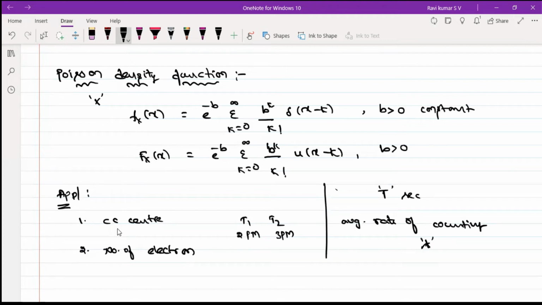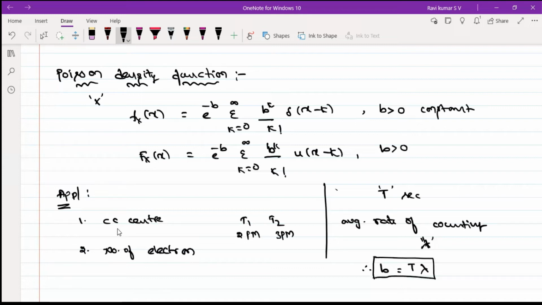So the average number of telephone calls during time period t is taken as lambda. Therefore, the constant b is taken as t into lambda. So this is how you can calculate the b value. This is very important to remember.